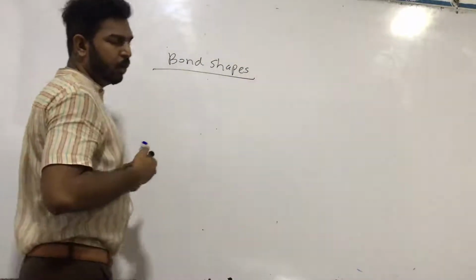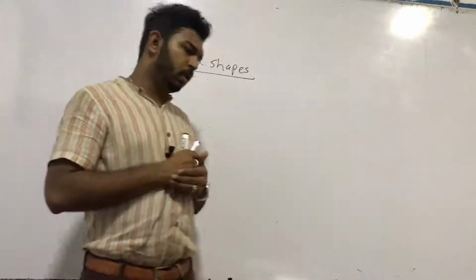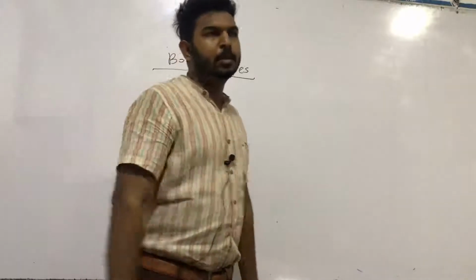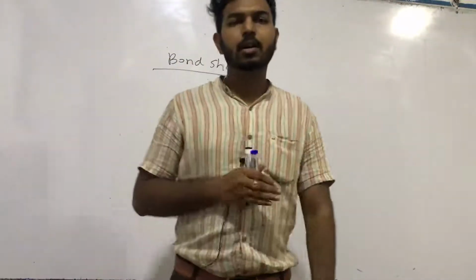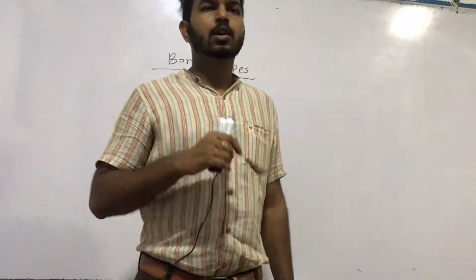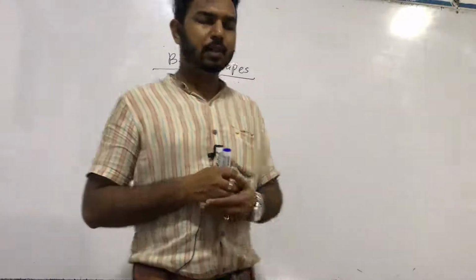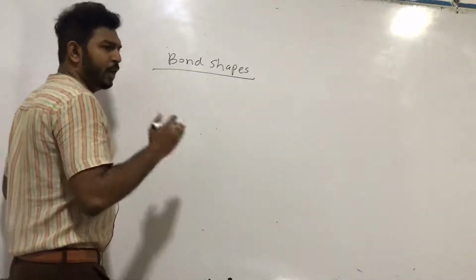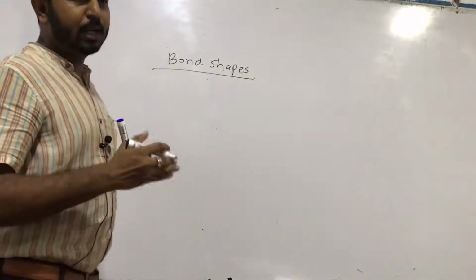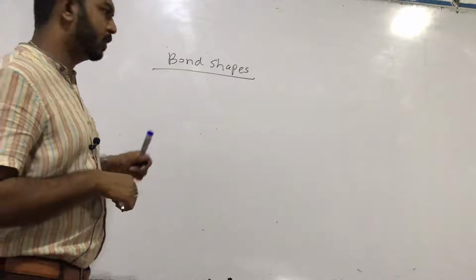So, before we discuss bond shapes, we have to know some bond structures, bond drawing patterns, or what the structure types are. We have to know these theories or methods. We can draw structures only for covalent compounds or covalent bonds.